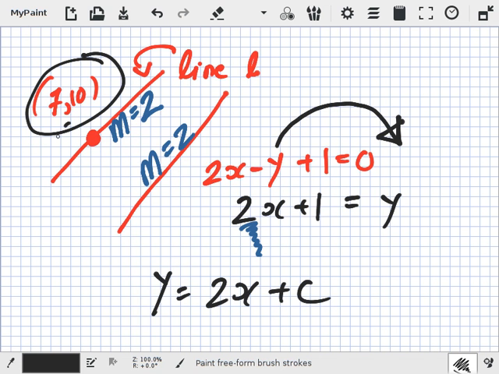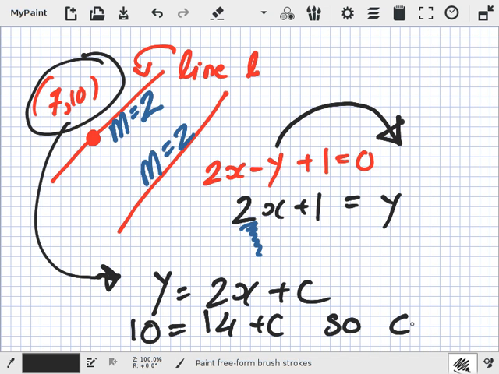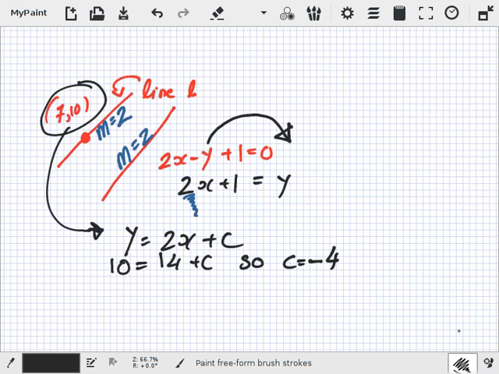So if I put that in, I get 10 equals 2 times 7, which is 14, plus c. So c equals minus 4. y equals 2x minus 4.